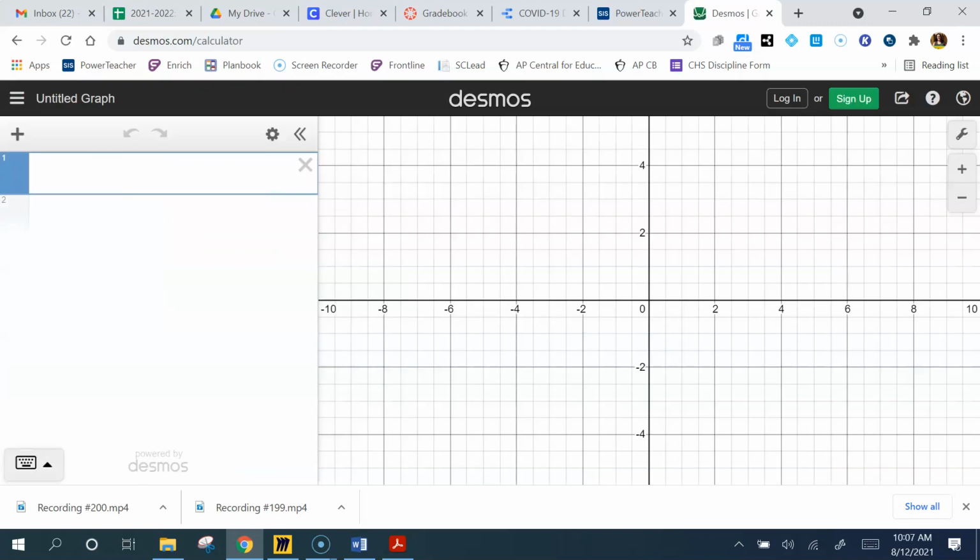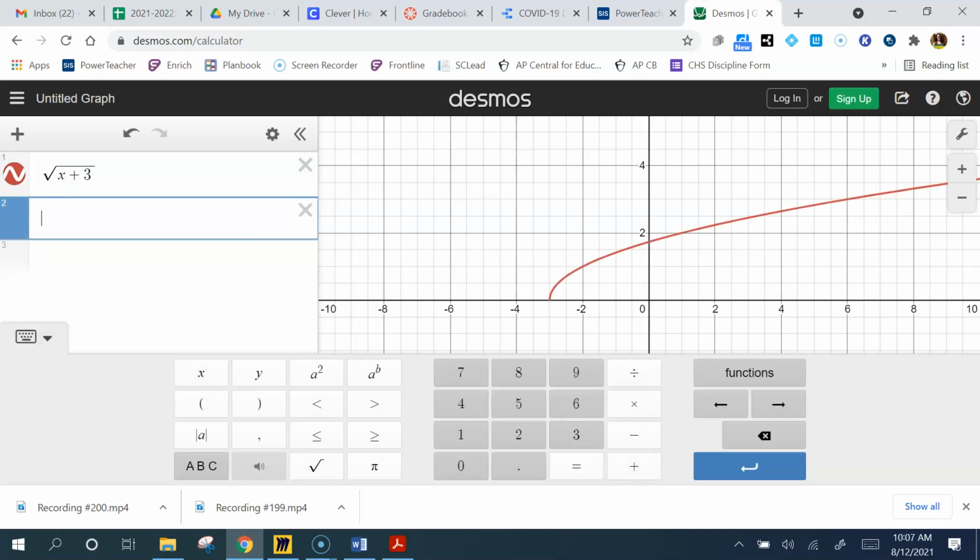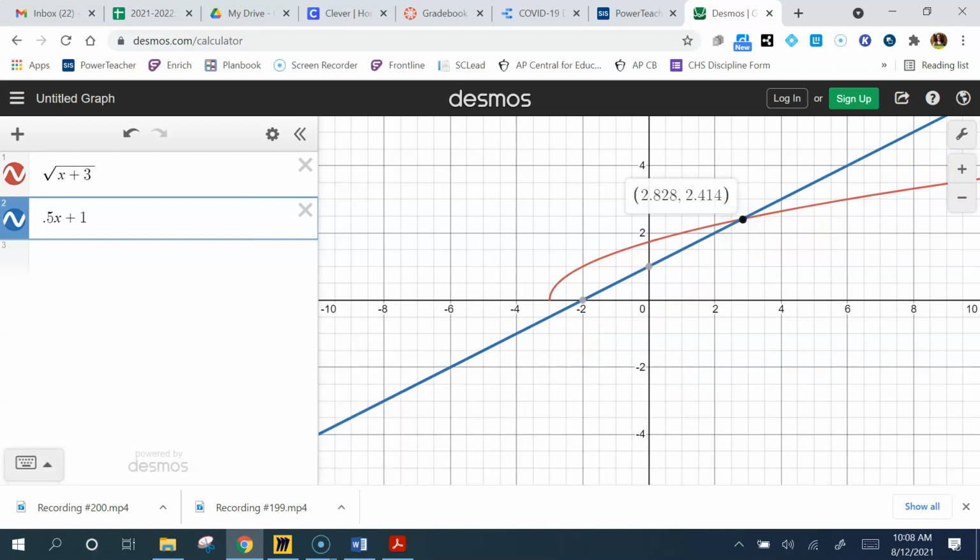Is it the square root of x plus 3? And then the other equation was 1/2 x plus 1. 2.828. Yes, maybe so.